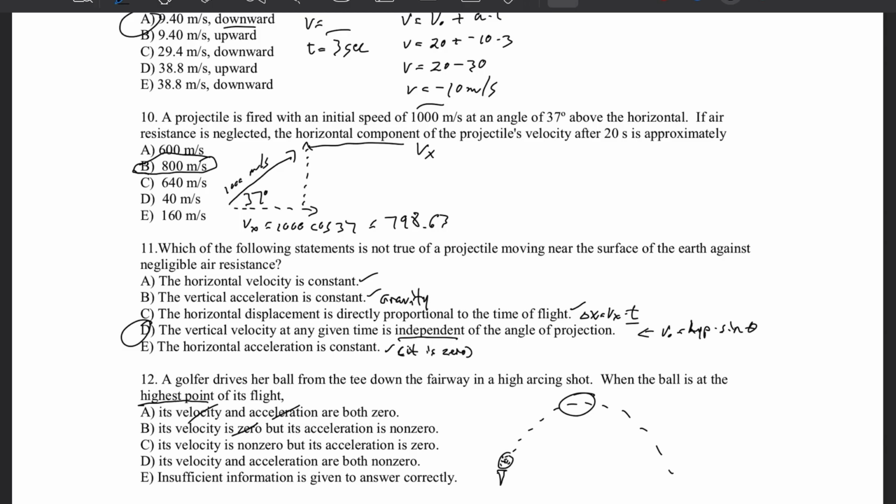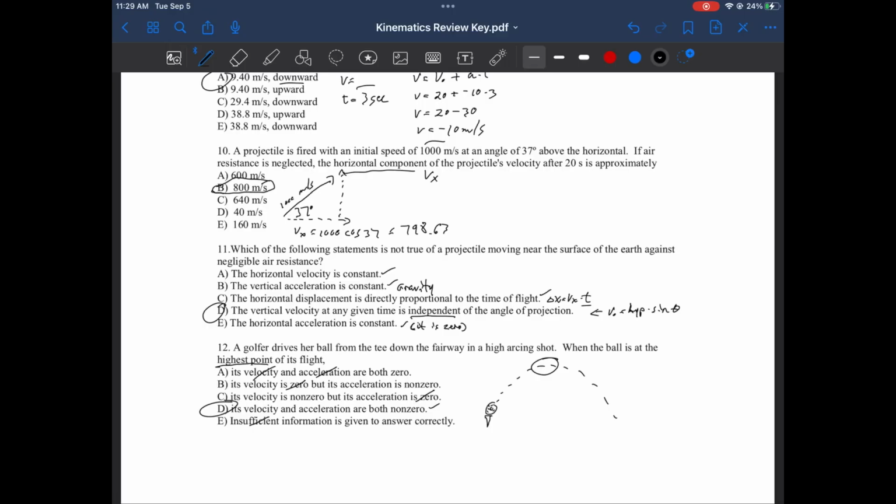The acceleration is not zero. Gravity. Its velocity and acceleration are both non-zero, kind of like it. Insufficient information. No, there's no insufficient information. There's still horizontal velocity, so it's still moving. I know that vertical velocity goes to zero, but there's still a component of horizontal velocity during its flight, so we cannot say all velocity is zero.